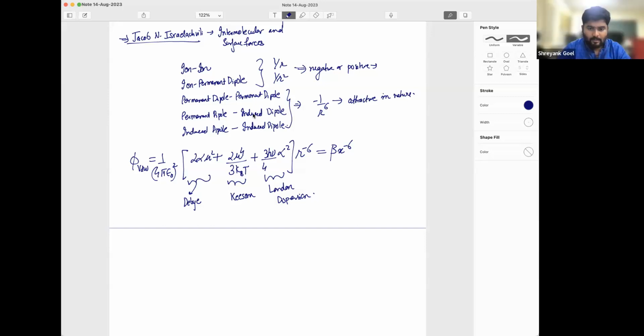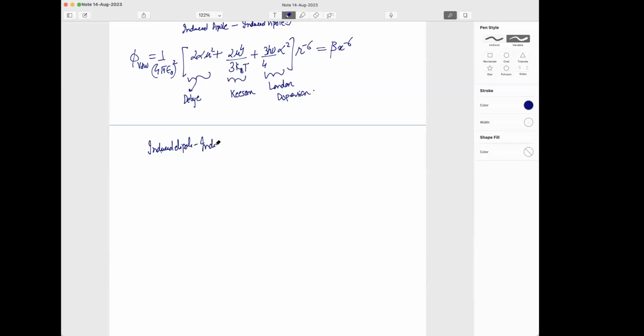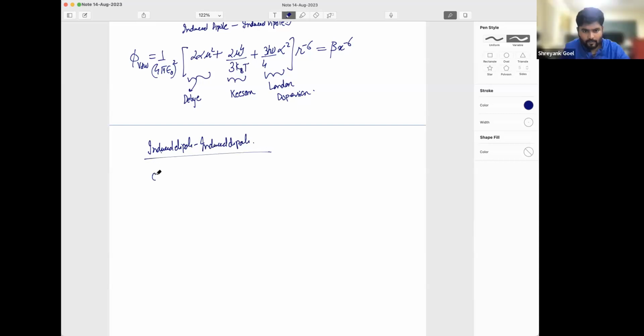And I think one separate formula is written for induced dipole and induced dipole, where phi London is given as minus 3H by 2, mu1 plus mu2 divided by alpha naught 1 alpha naught 2 divided by 4 pi epsilon naught square, 1 to the power r to the 6.